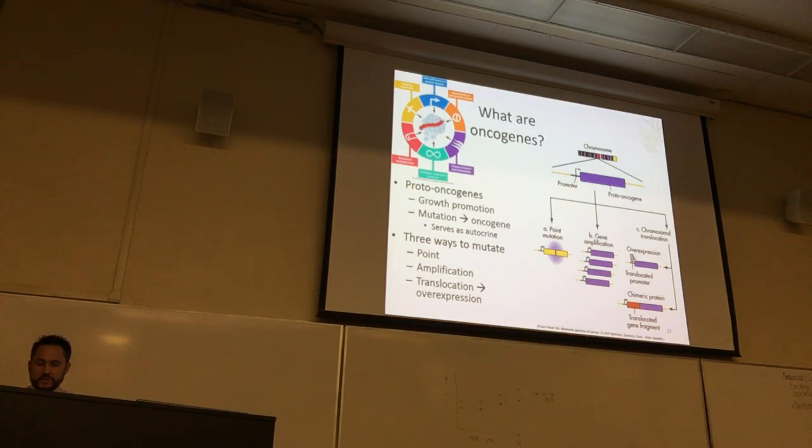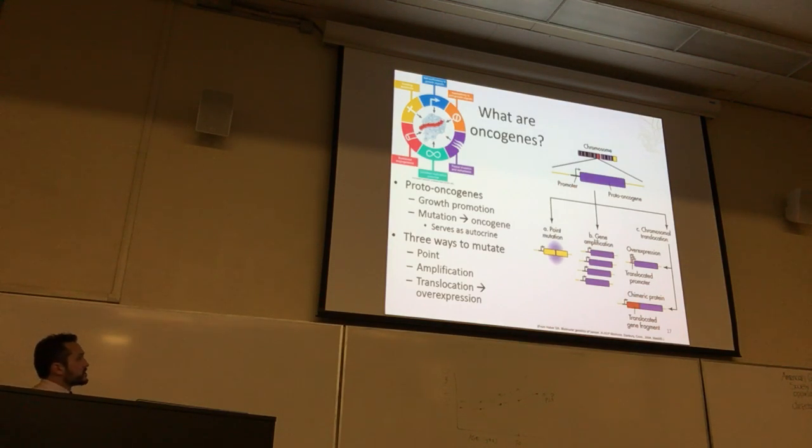A second strategy that can do this is gene amplification, where you start making extra copies of the gene, and now the gene is in higher abundance, so you get more product coming out of the transcription of that gene.